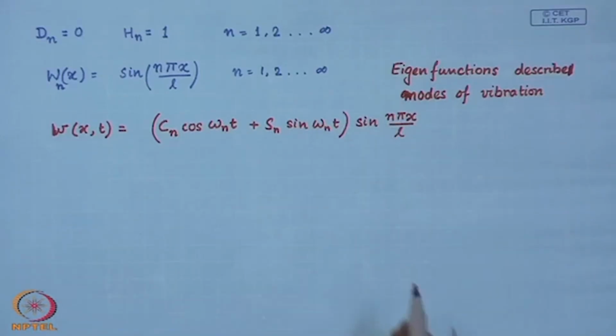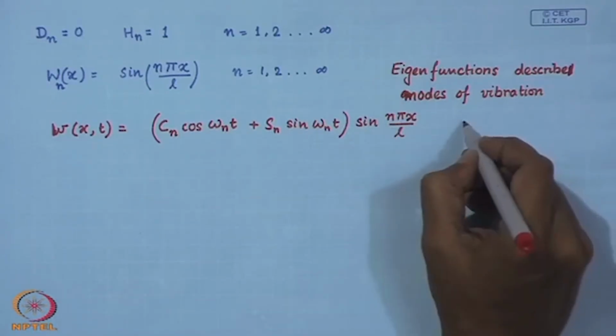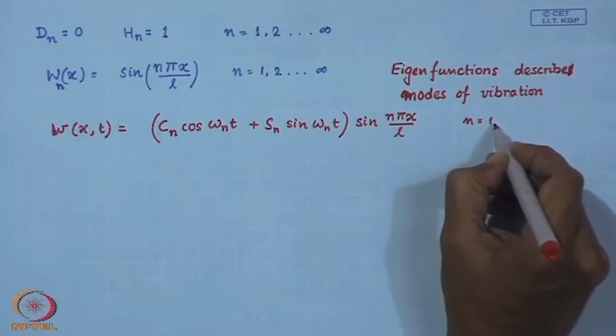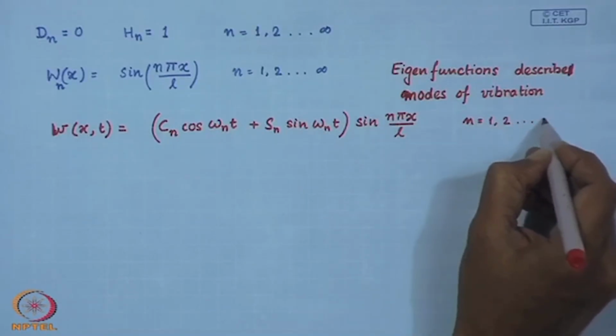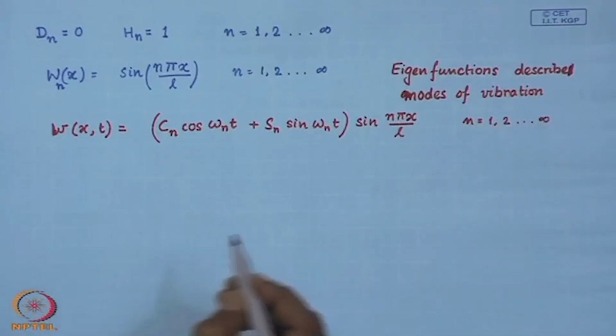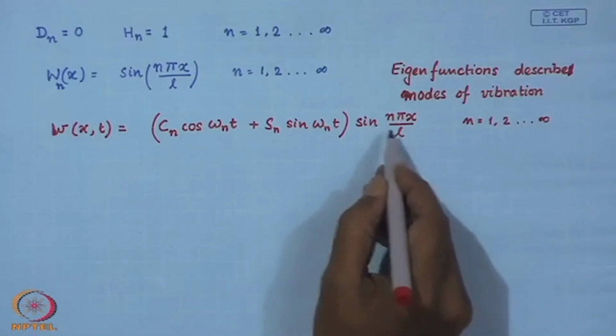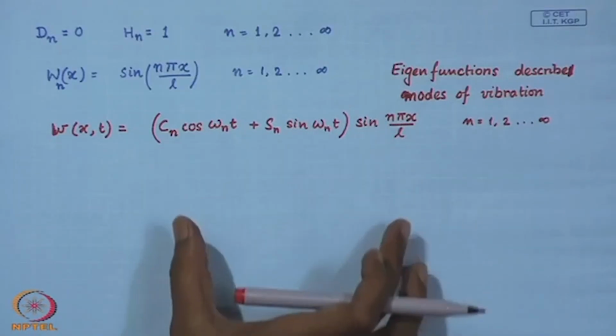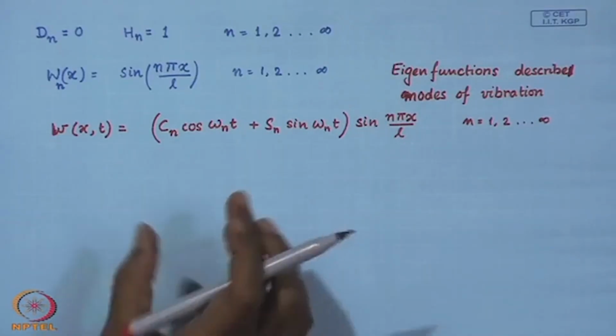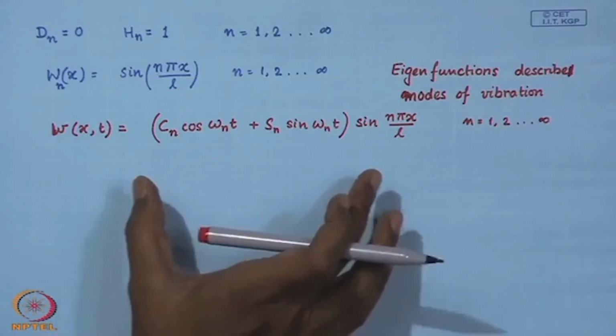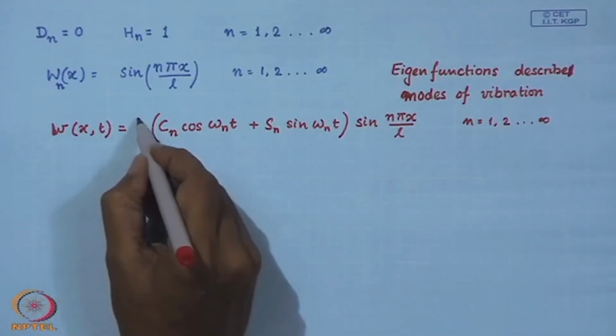So, this is the solution. For each n I can have a solution, and since our system is linear, a superposition or a summation of this solution is also a solution.